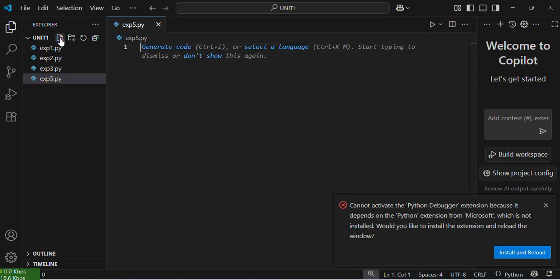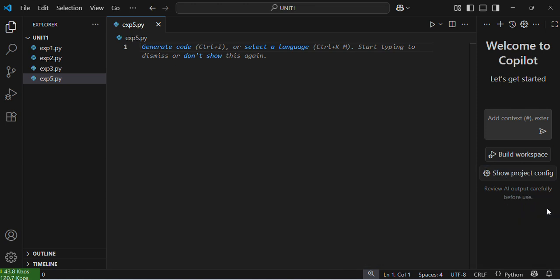I save the file as exp5.py. You know the extension of a Python program is .py. The file name can be any name, but the extension .py is a must.